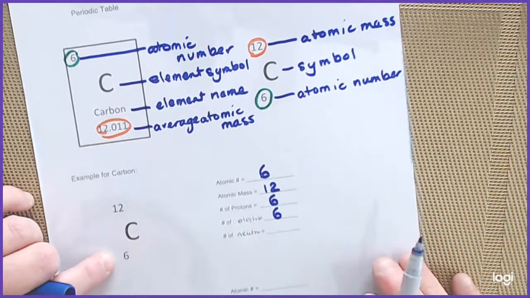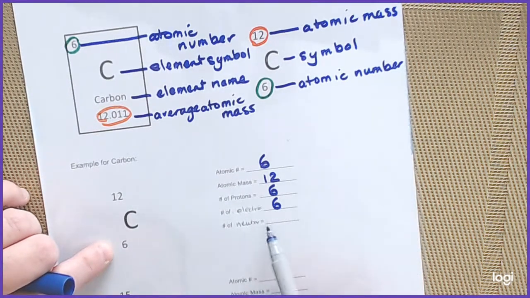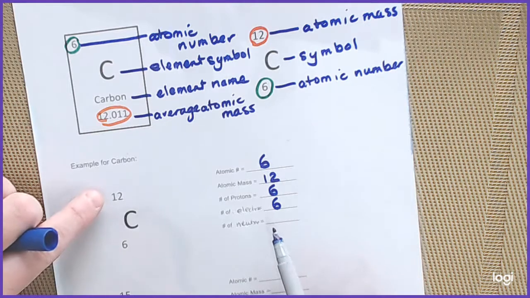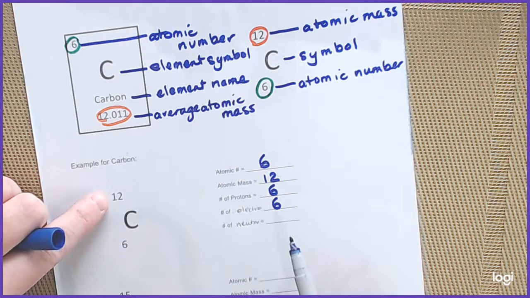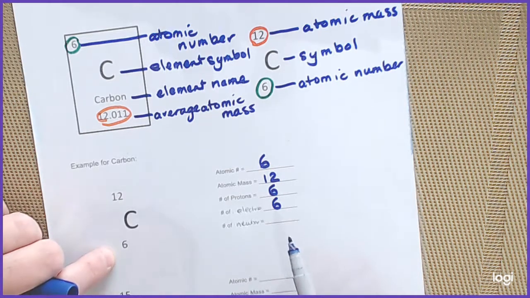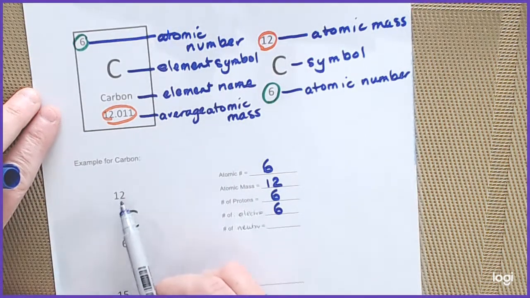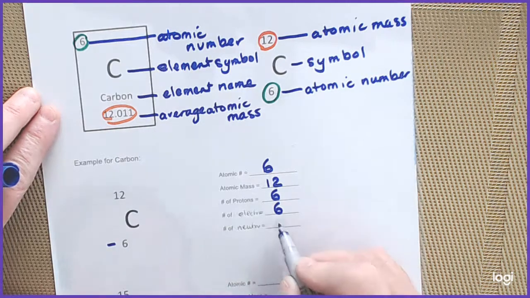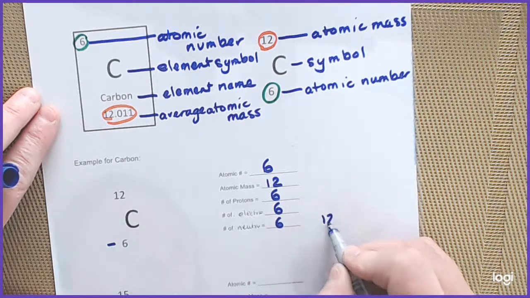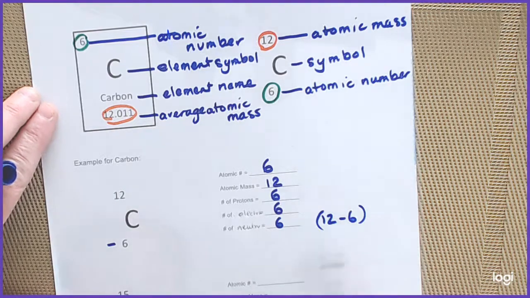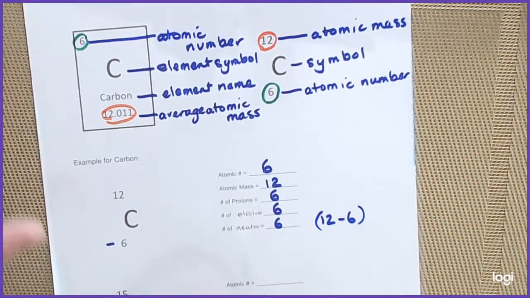That's in a neutral atom. Now our number of neutrons is going to be our atomic mass minus our atomic number. It's nice how this is set up as a little subtraction. So it's 12 minus 6 that's going to give us our number of neutrons, which is 6.